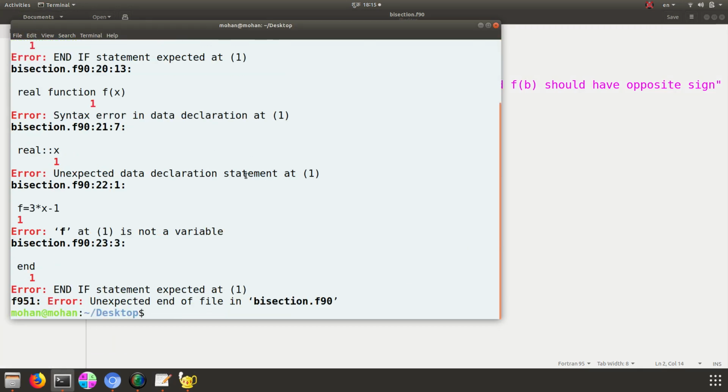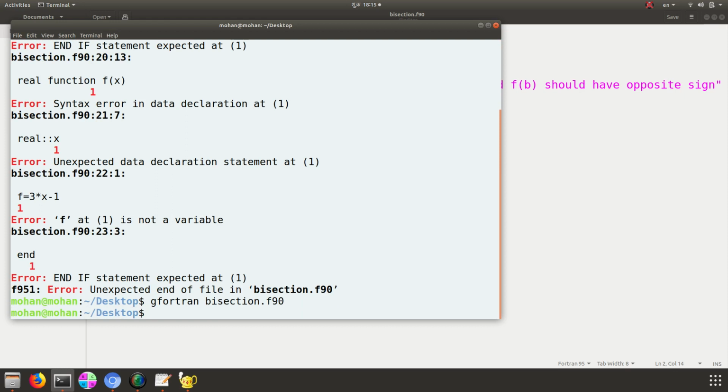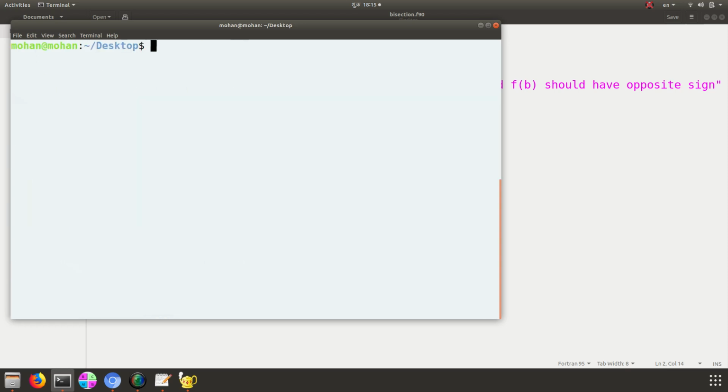Okay, so now first let me compile this. Yes, so all errors are now clear. Now let me clear it. Okay, now let us check our output, a dot slash a dot out.